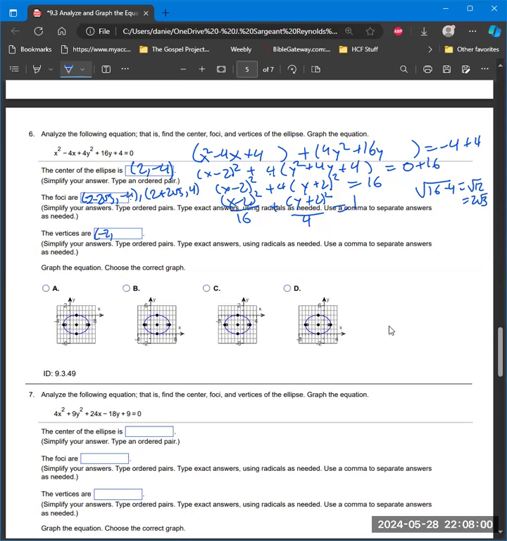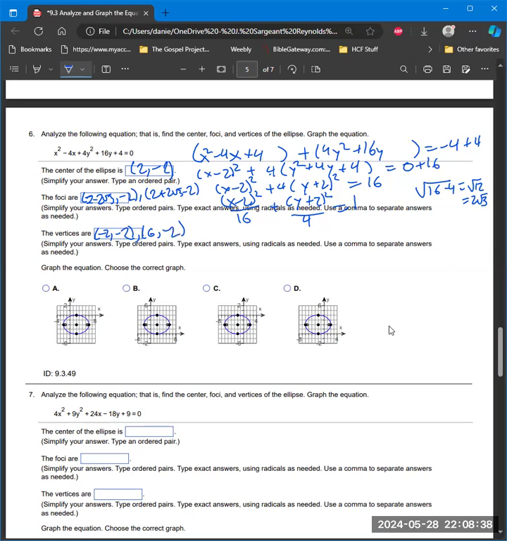So -2, -2, comma 6, -2. Sorry, I said the center was 2, -4, but it's 2, -2. All these are -2s, and all these are -2s as well.